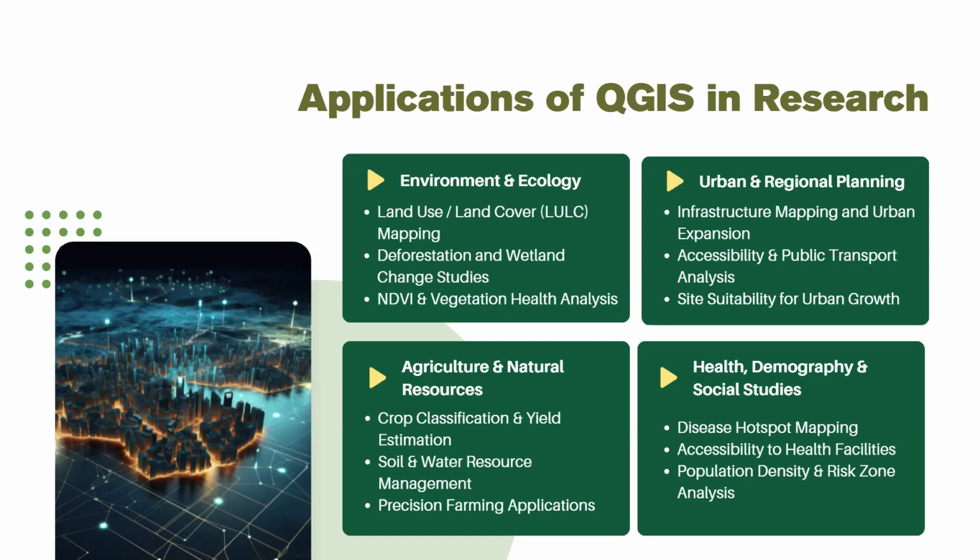Let me give an example for a research idea in this environment area: mapping forest degradation in your own places between 2000 to 2025. This would be a great topic for your research or your projects, whatever you want. You can explore it, learn it through this.